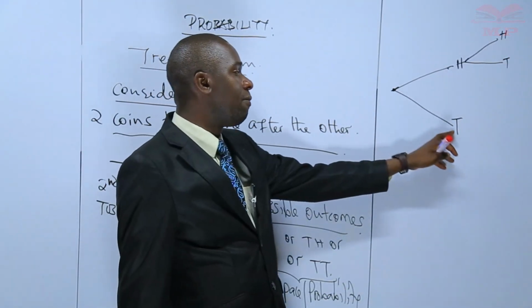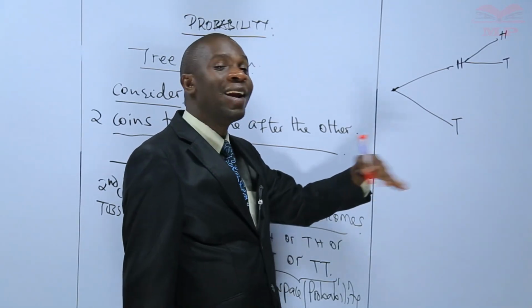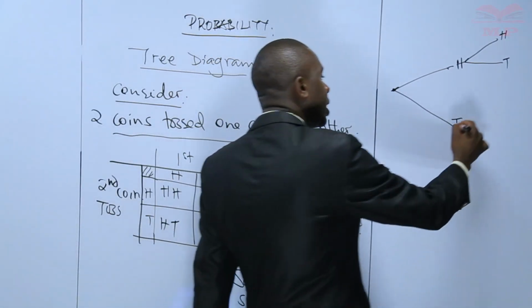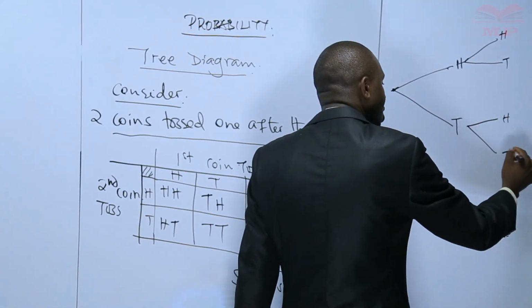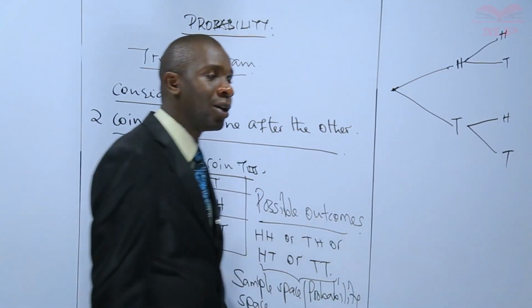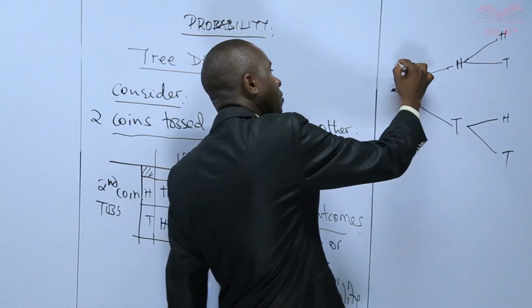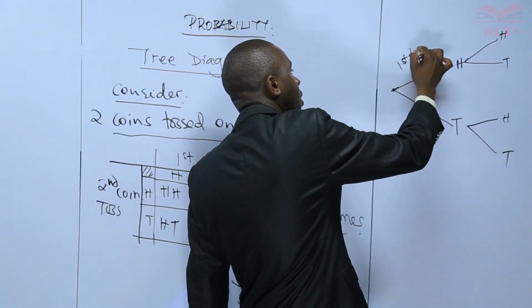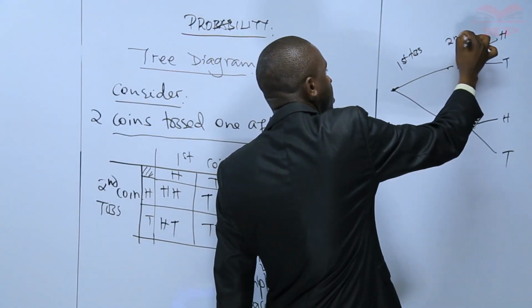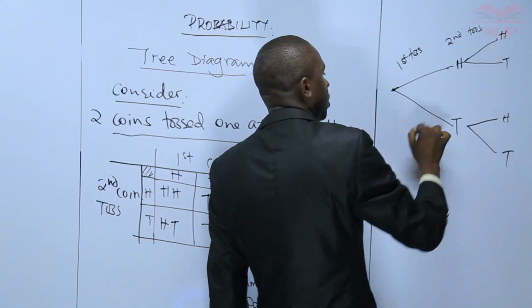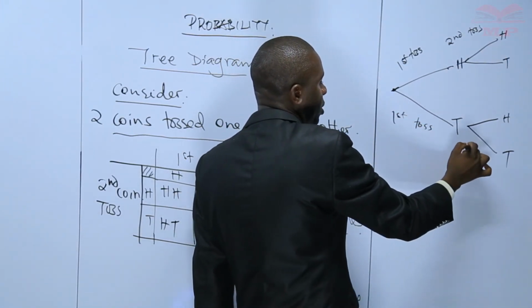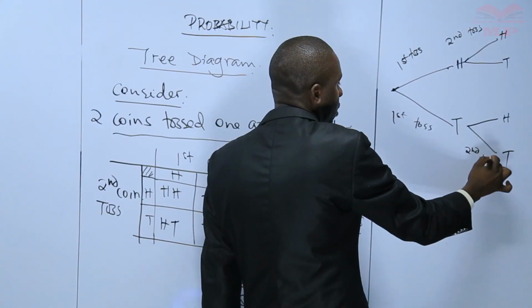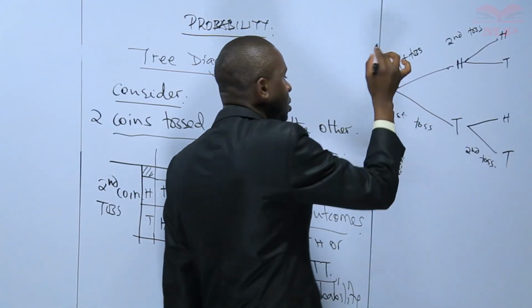But if probably you had a tail in the first toss, you can still have a head in the second toss or a tail in the second toss. So this will be the first toss, this will be the second toss. Those are the tosses.